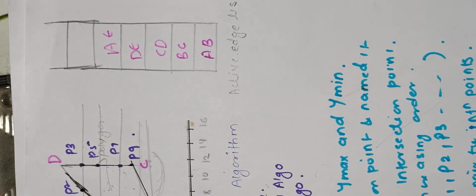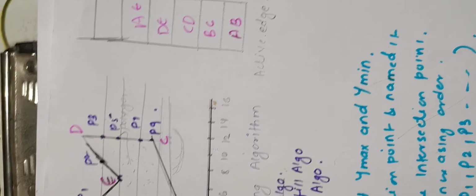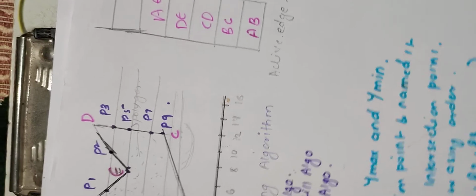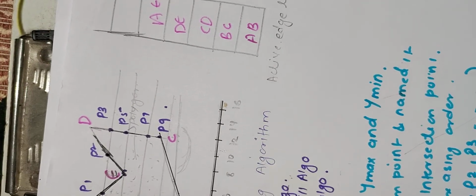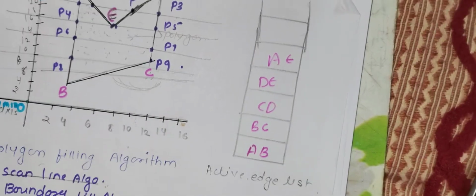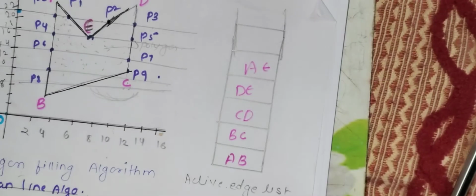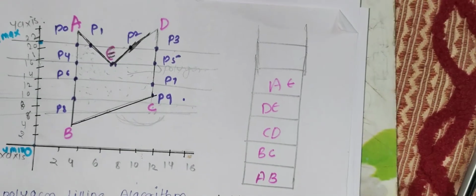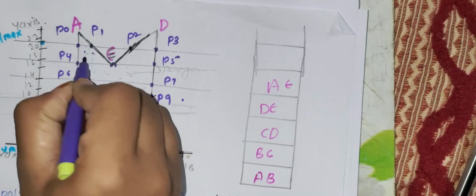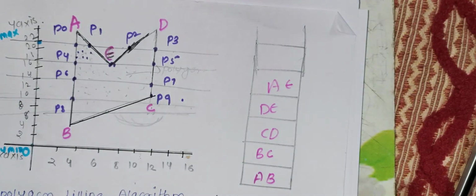Now we have to fill the polygon using pixels. So what do we have to do? We have to fill these pixels one by one.